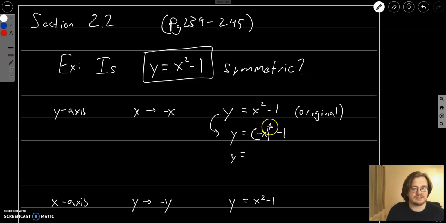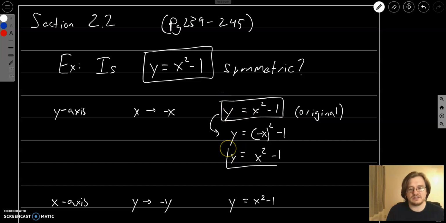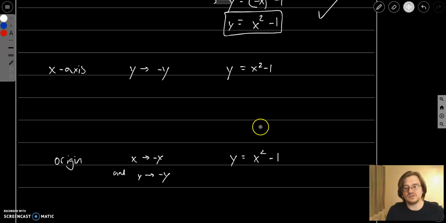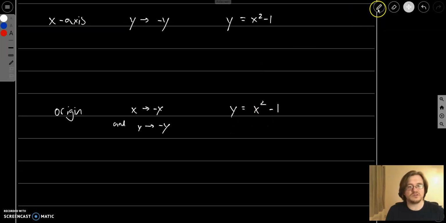Negative x times negative x, the negative signs cancel out, and I'll just get x squared minus 1. And I have the same equation as the top line. This means after I exchanged x and negative x, I got the same graph. So this is symmetrical about the y-axis.